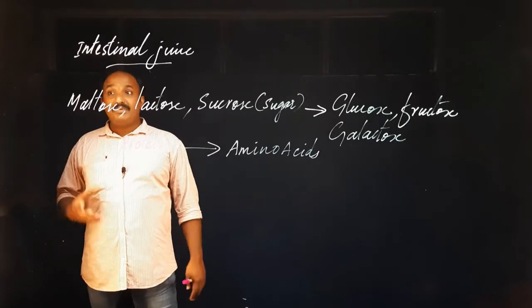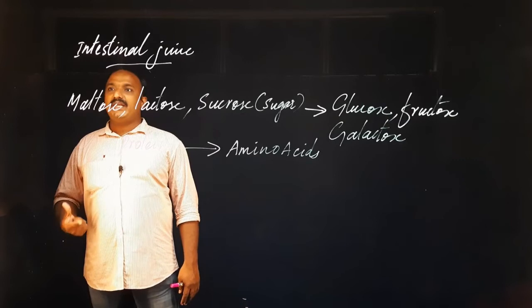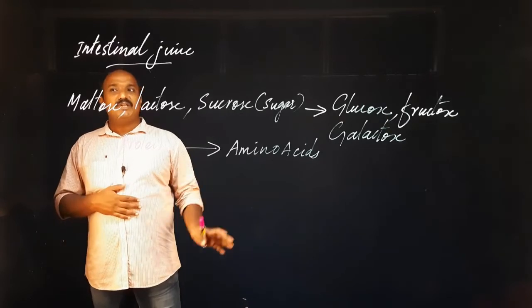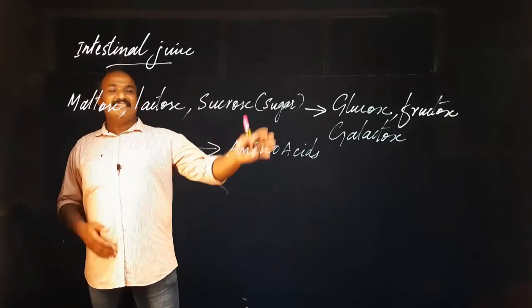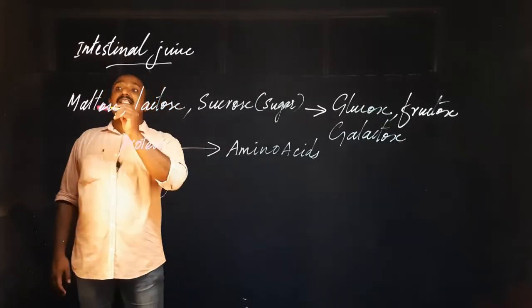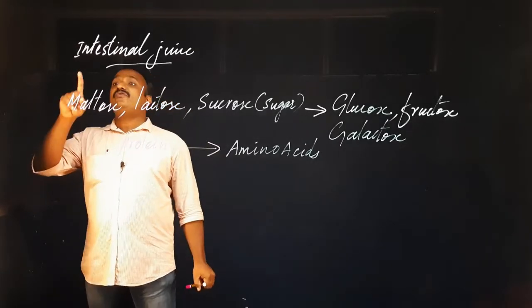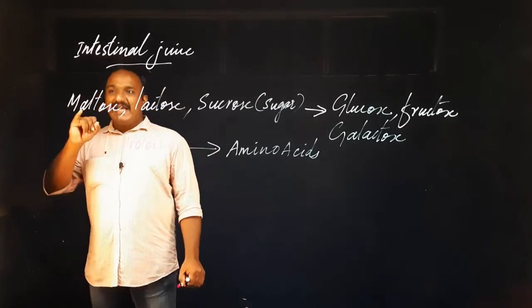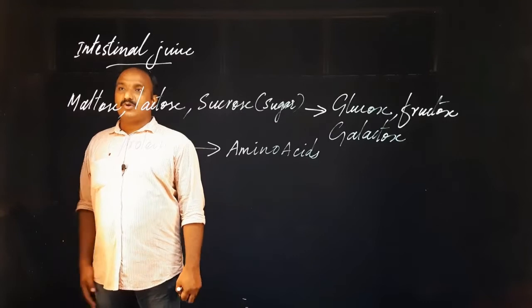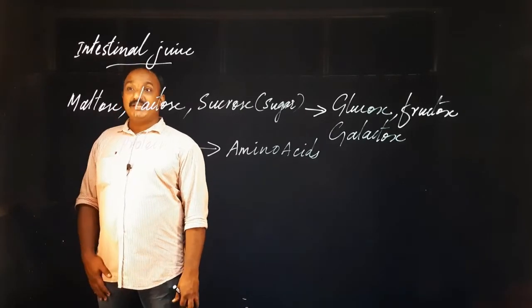Like chicken biryani, vegetable biryani, fish biryani, beef biryani are types of biryani. Then after the digestion of protein, what will we get? Amino acid. After the digestion of fat, what will we get? Fatty acid and glycerol. Now digestion is completed.